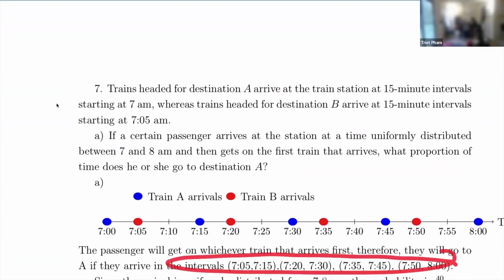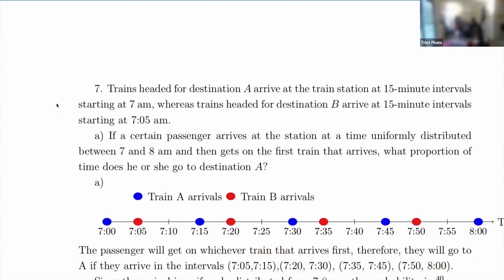And how long is this time interval? There are 4 of 10 minutes, so it would be 40 minutes over 60 minutes. Correct?